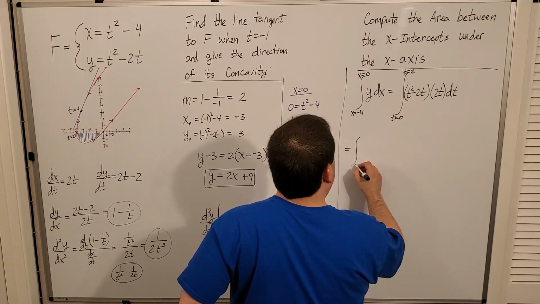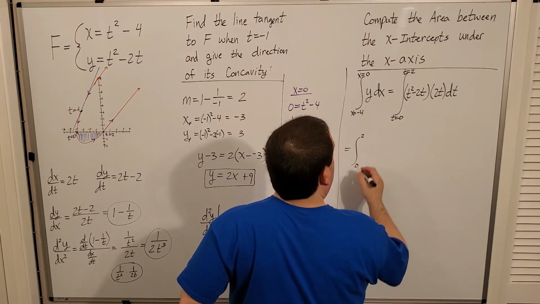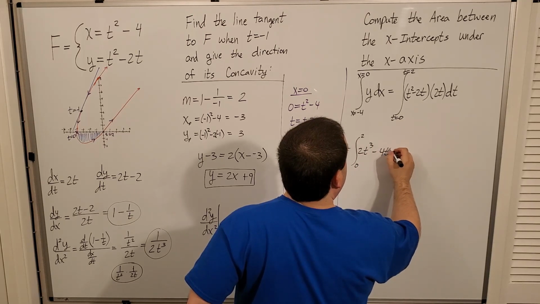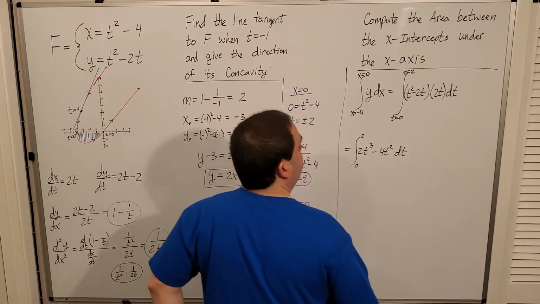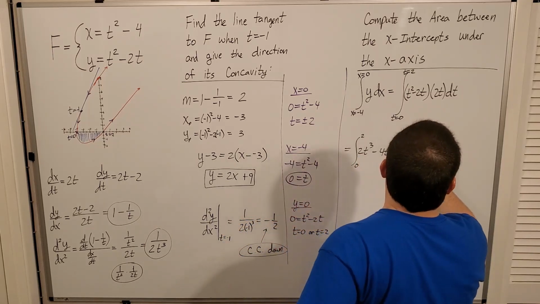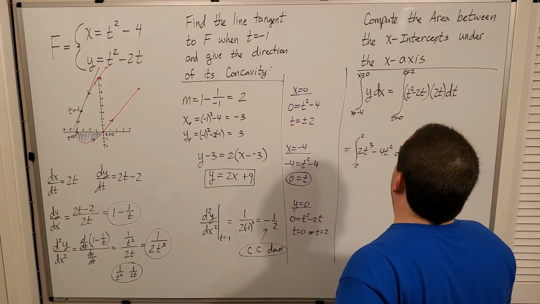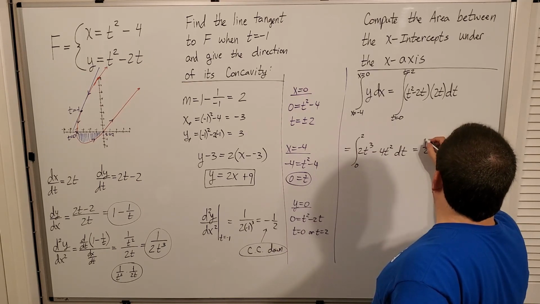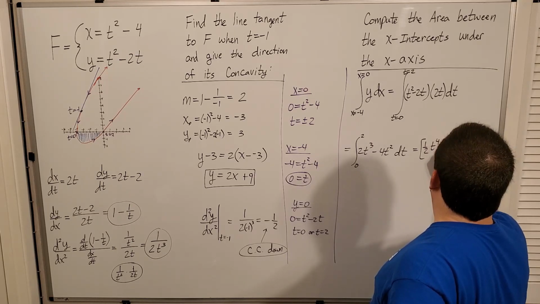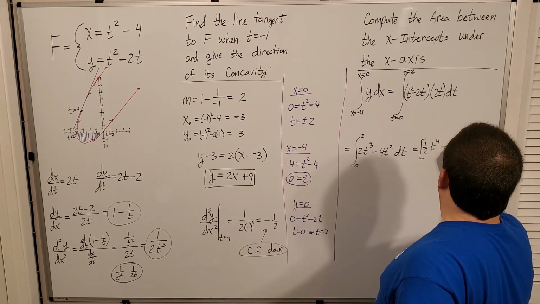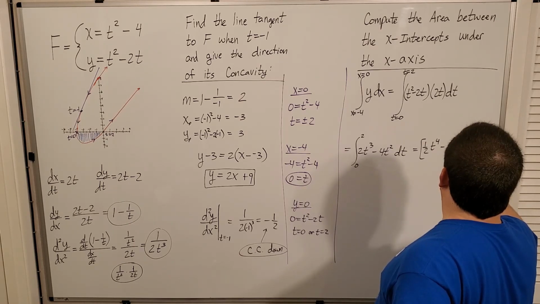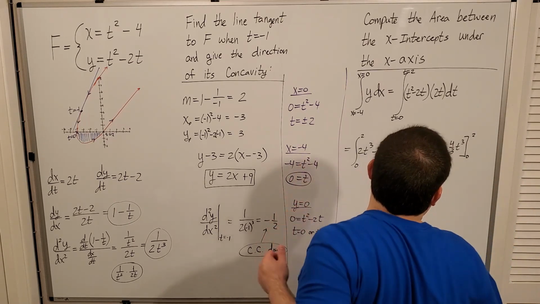I've got the integral from 0 to 2 of 2t cubed minus 4t squared dt. So then I will integrate. I'll have 2/4, so 1/2 t to the 4th minus 4/3 t cubed from 0 to 2.